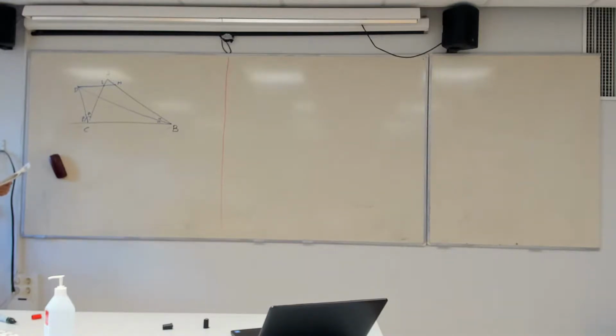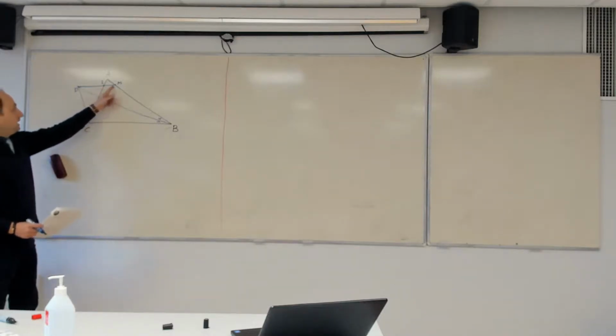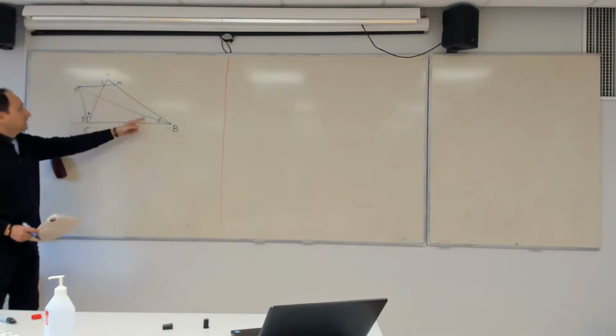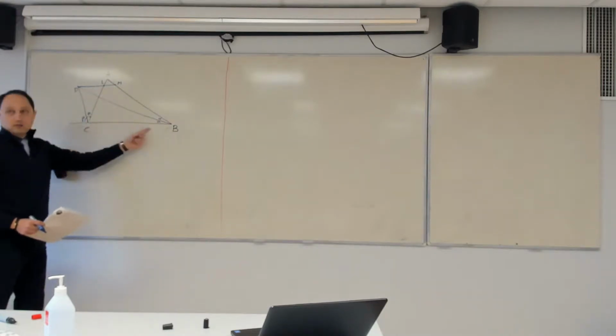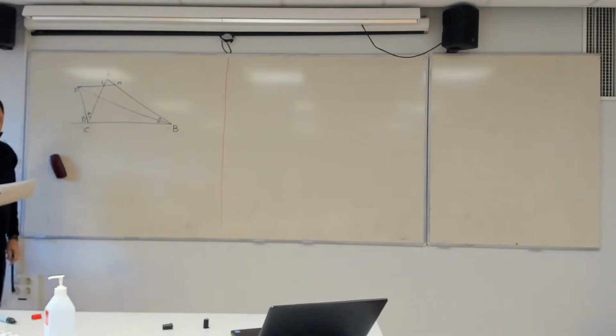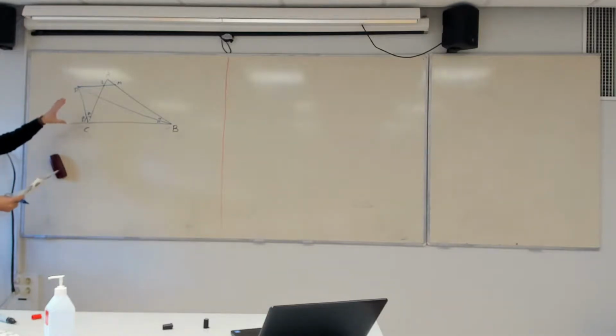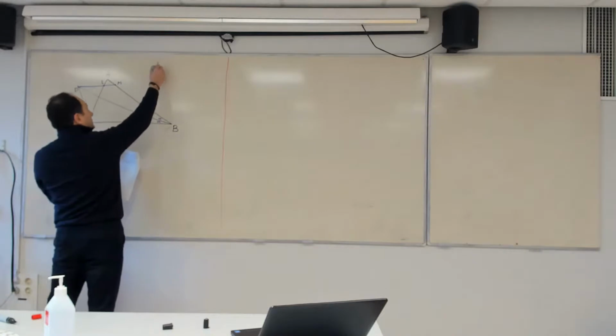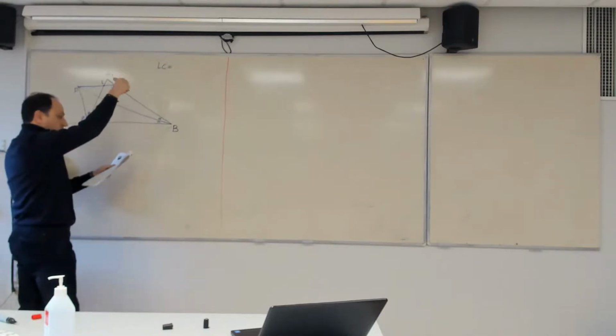If the measures of the legs LC and MB of the trapezoid CLMB, CLMB is a trapezoid, yes? It's a quadrilateral, and this line is parallel to this line. That's a trapezoid. If the legs are X and Y respectively, so the length of LC is given to be X unit of length.